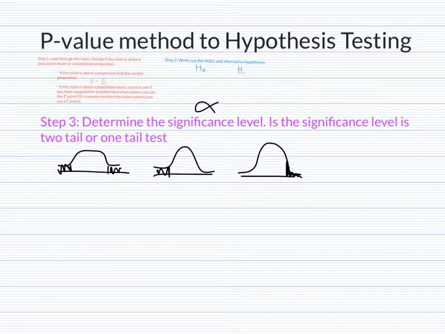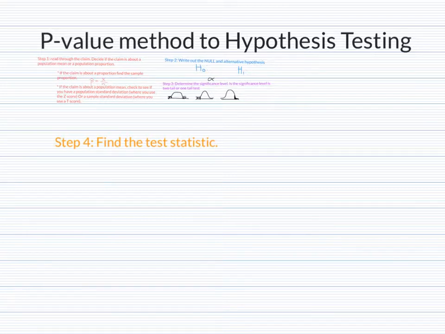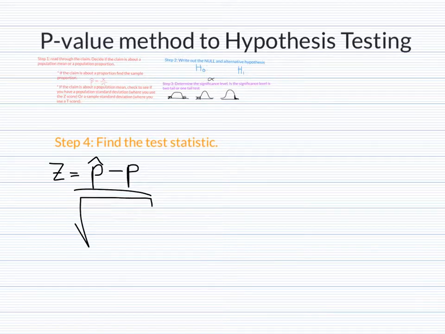Okay, now let's move on to step 4. So step 4 is to find the test statistic. So you have 3 different test statistics. These are the same as the previous video. If the test statistic is about a proportion, it will be p hat minus p over the square root of p times 1 minus p over your n.